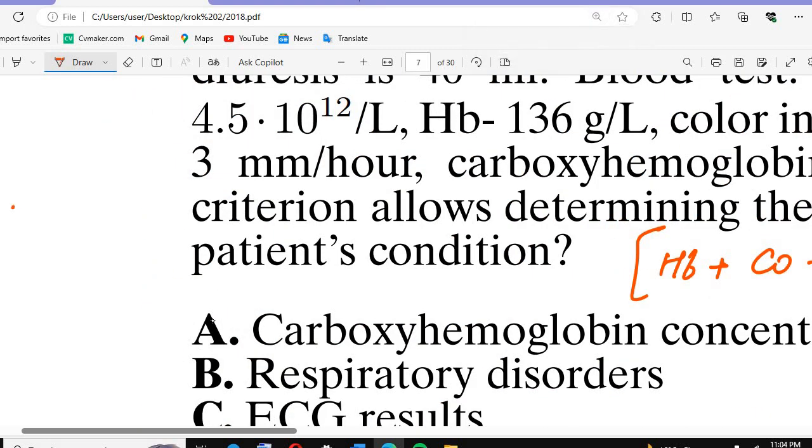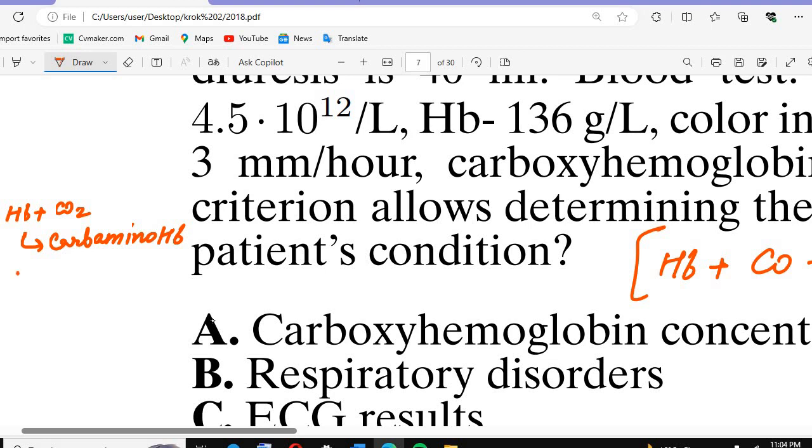Okay, tell me, if we have hemoglobin plus carbon dioxide, what will it make? It will form carbaminohemoglobin. We call this carbaminohemoglobin. Whenever more oxygen is there, this condition will be reversed.